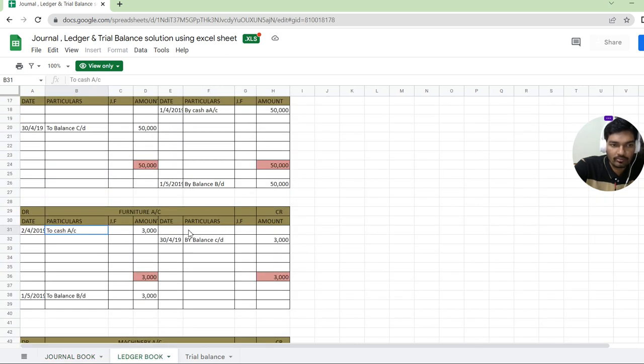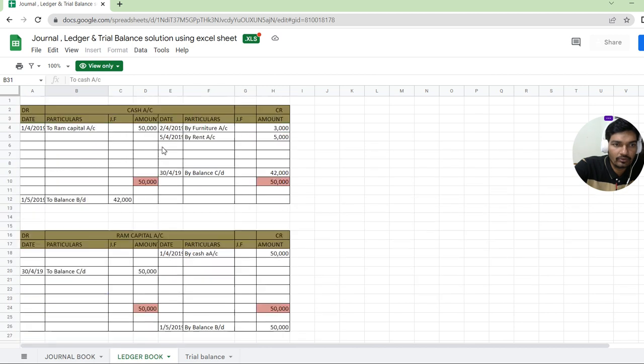After this process, we need to go to the individual ledger accounts and balance them by showing balance carried down and balance brought down. So the first account is cash account.